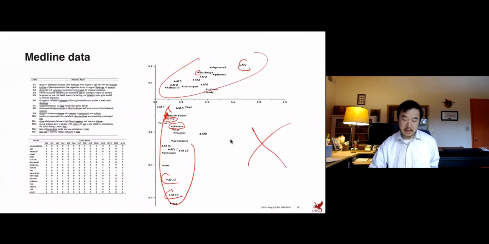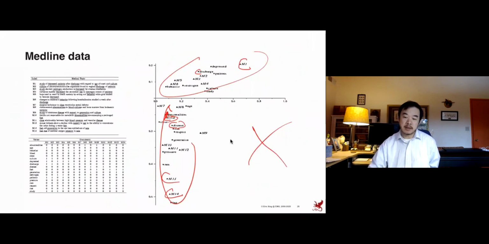Well, that may be another disease, which is more psychological, right? So that's why people say LSI automatically discovers semantic topics, just by looking at the word frequency or word weights in each of the resultant eigenvectors.